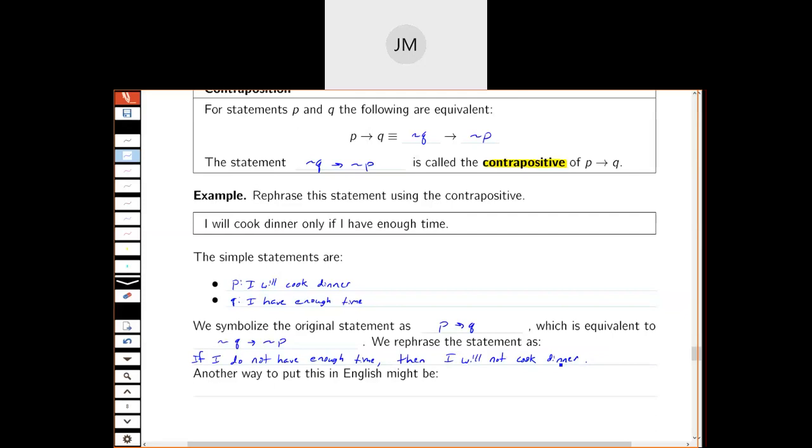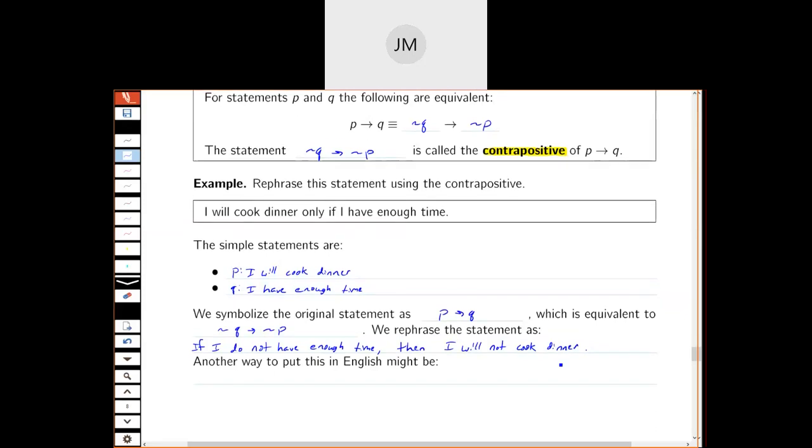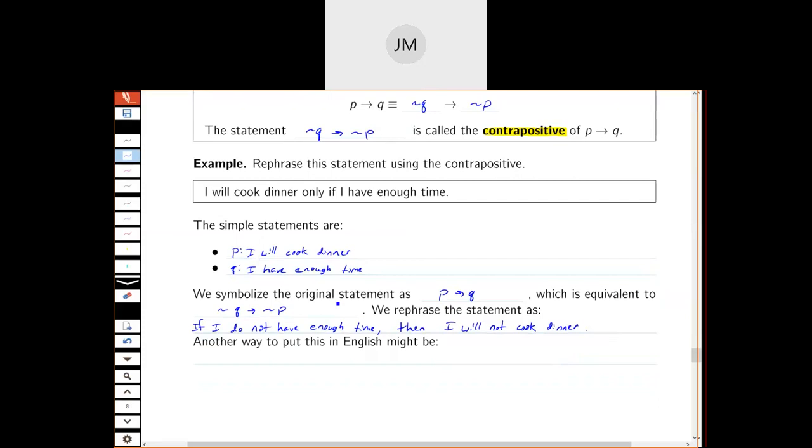Maybe a more common way to see this written, remember, as long as I have an if on a statement that is going to be the same, let's change the phrasing so that we put this second part first. So I will not cook dinner, if, so I'm going to put the if on the I do not have enough time.